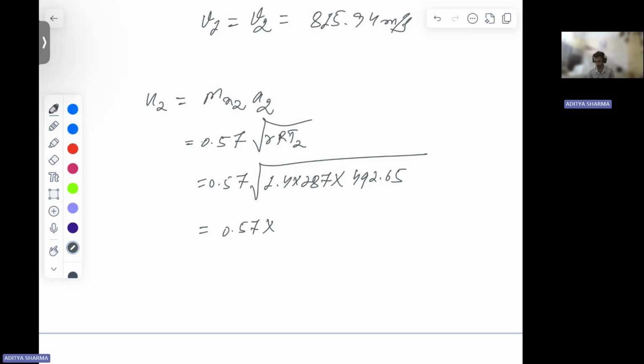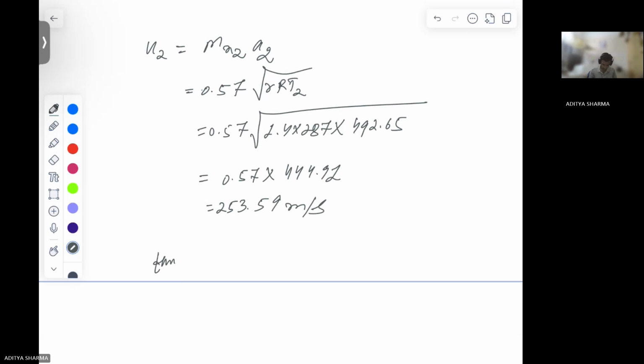So we'll have to calculate this. 1.4 into 287 into 492.65, the square root is 444.91, into 0.57. So this is 253.59. This I'm getting.